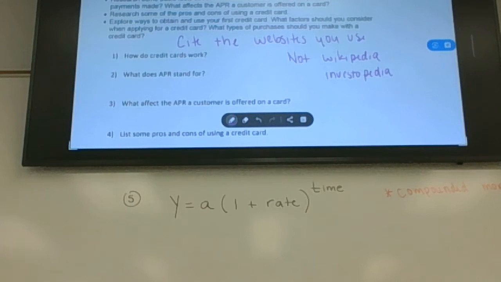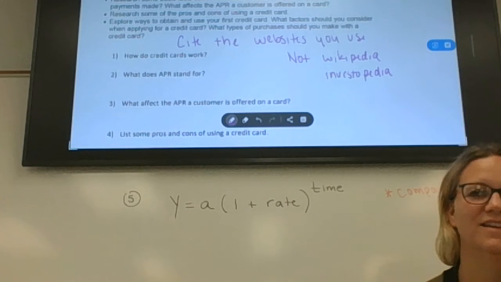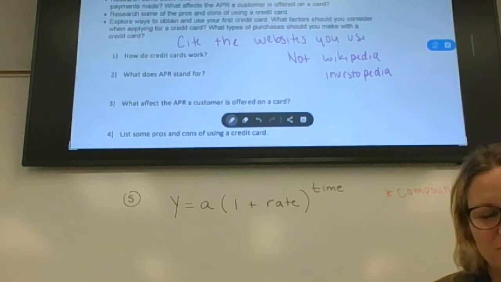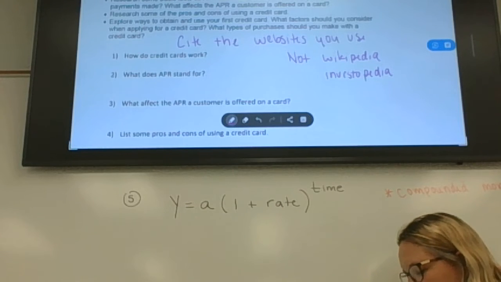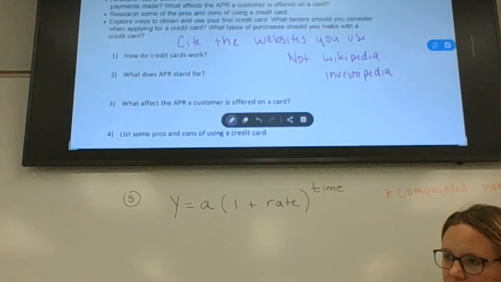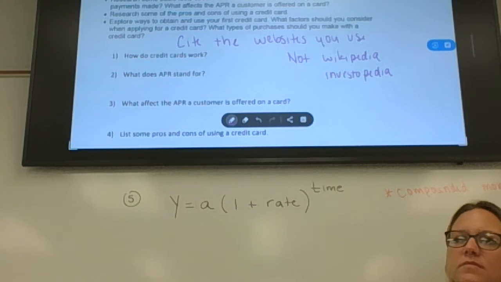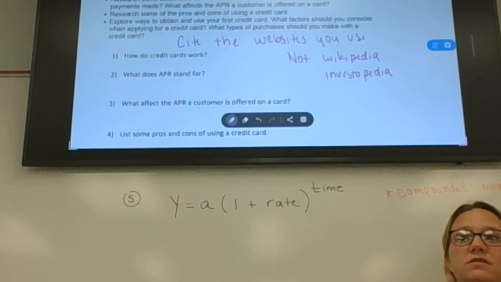So, in reality, credit card interest is compounded daily. They charge you interest every day, which matters if you make a late payment. Well, so these days, credit cards sometimes give you rewards.